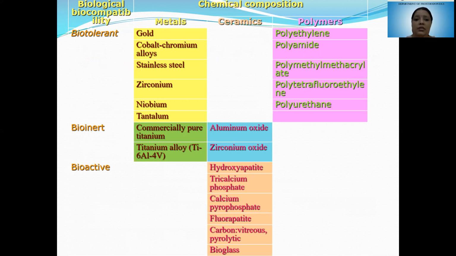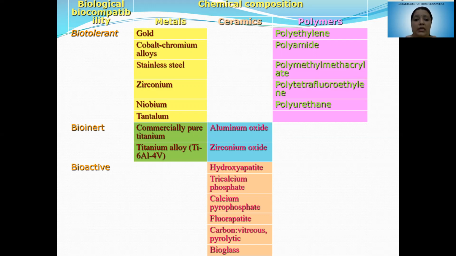The biotolerant materials which we have in use are metals like gold, cobalt-chromium alloys, stainless steel, zirconium, etc. The most important of these are tantalum and niobium. There are no biotolerant ceramics. All polymers are biotolerant materials.